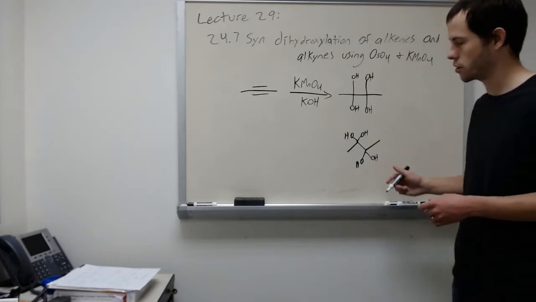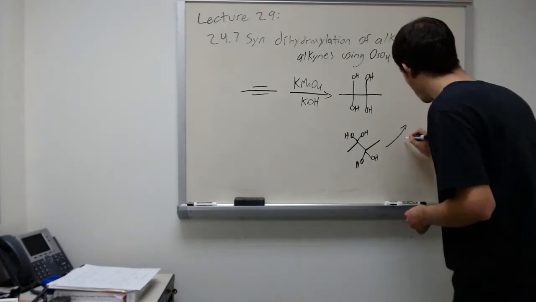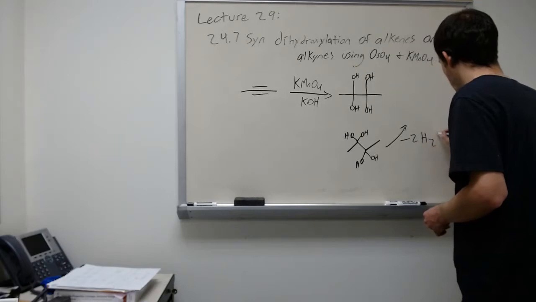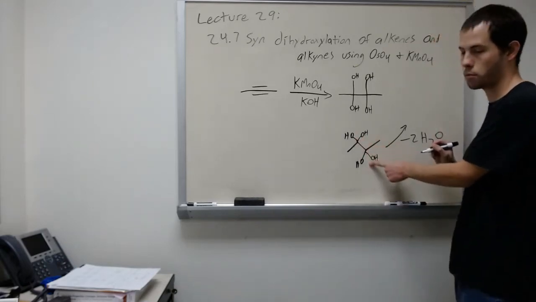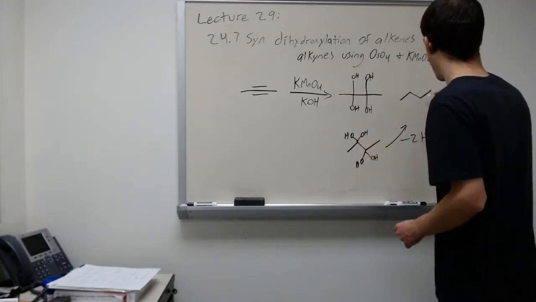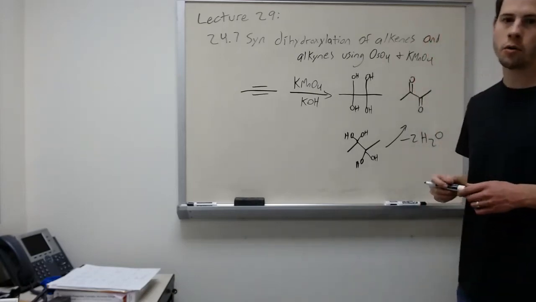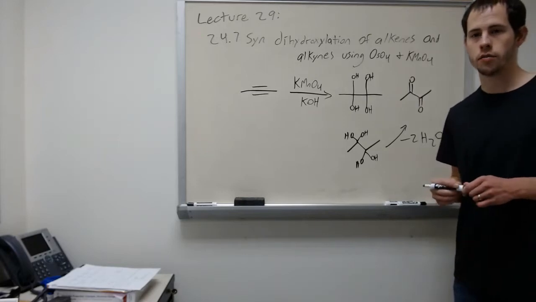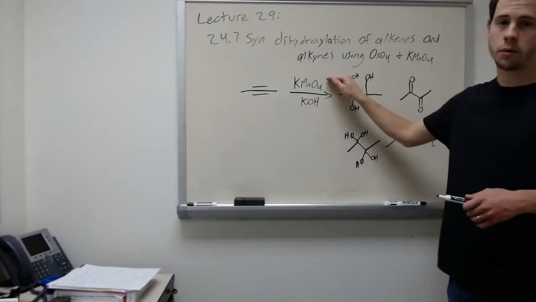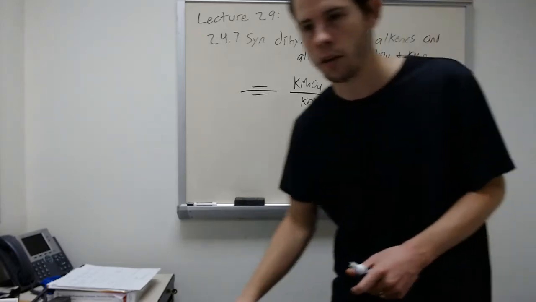So we end up losing two H2Os, and we get a ketone on both of these carbons. That would be your product from the oxidation of an alkyne using potassium permanganate and potassium hydroxide.